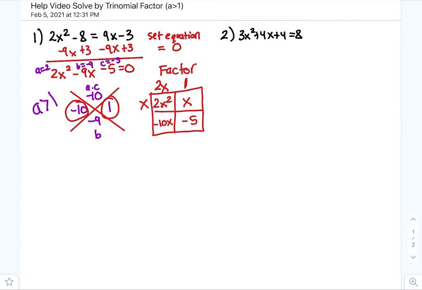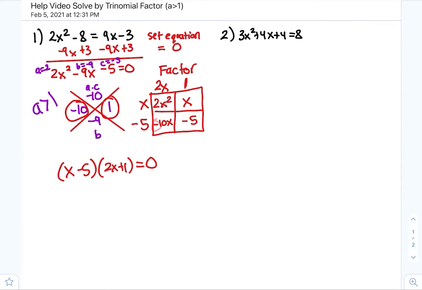For the numbers we have negative 10 and negative 5. So you can factor out a 5. But since this is negative, that means we have to pull out a negative 5. So we have x minus 5 times 2x plus 1, and all of that is equal to 0.